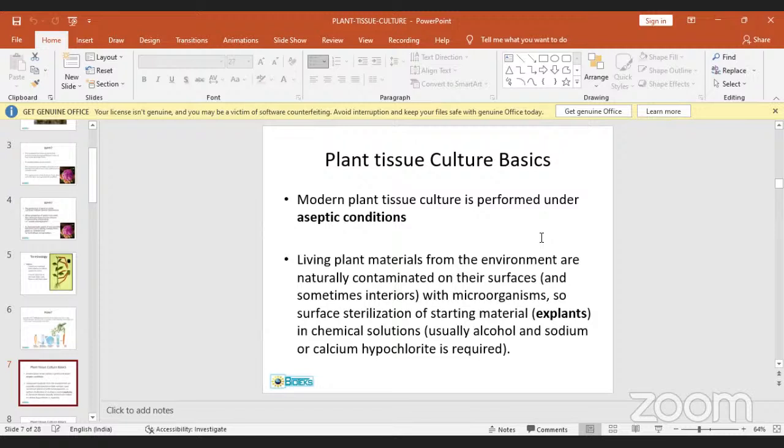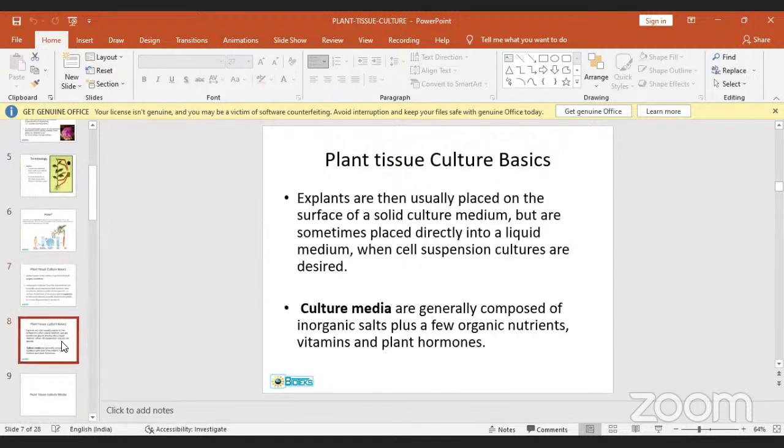So how do we clean the plant part surfaces? The contamination is removed by chemical solutions like alcohol, sodium or calcium hypochlorite.